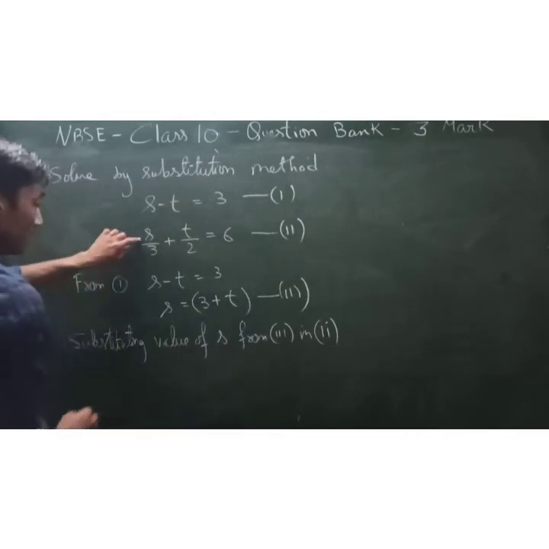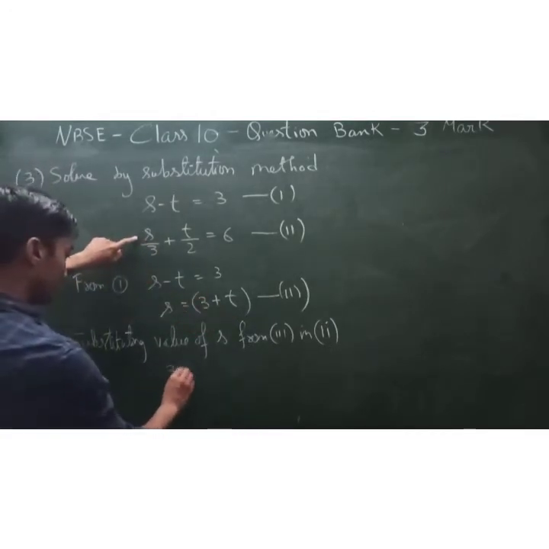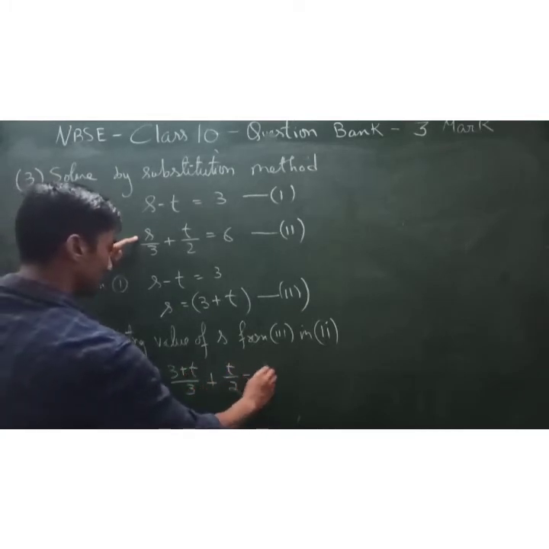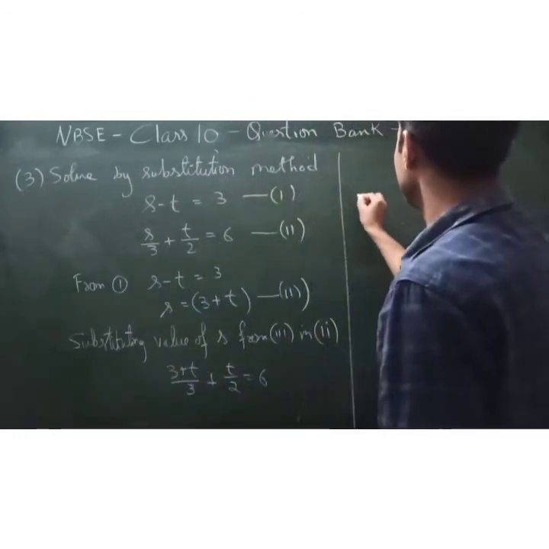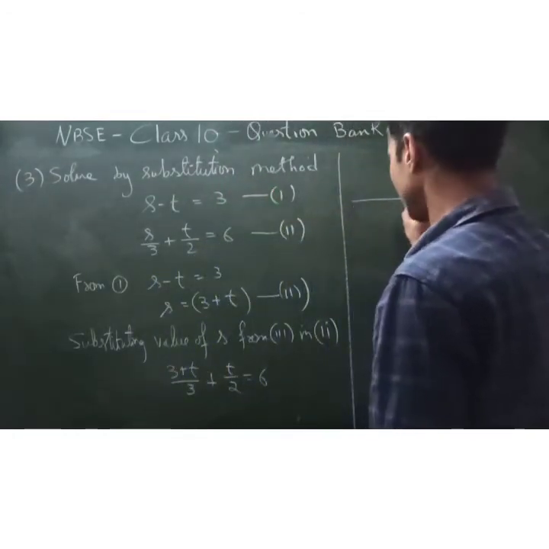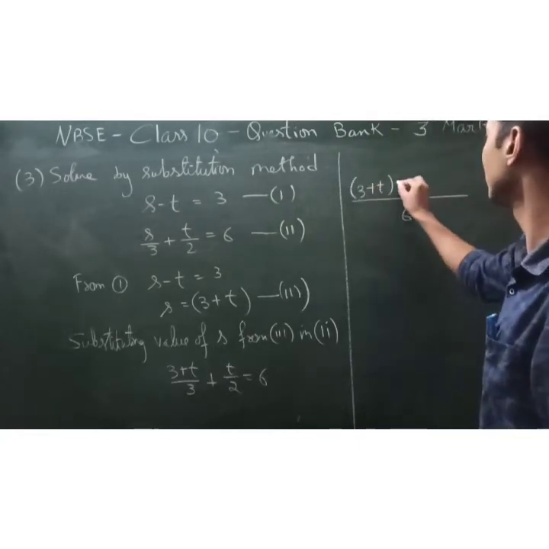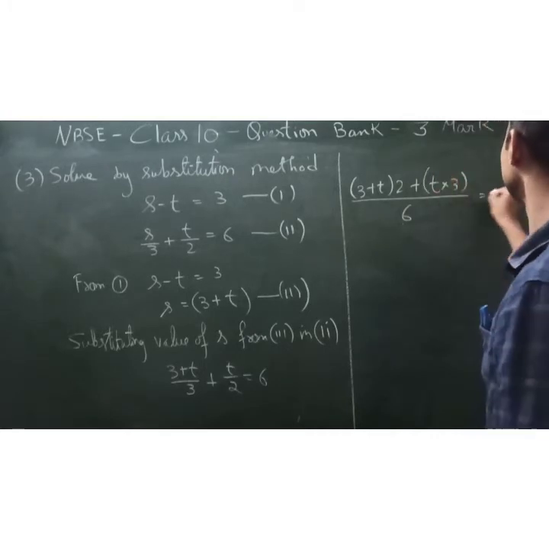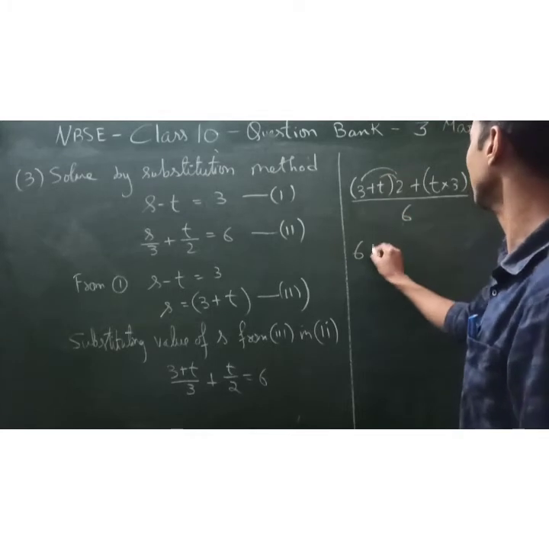So what is the value of s? In place of s, I will replace by 3 plus t. So I'll have 3 plus t divided by 3 plus, the other values will remain, will not change. It is not supposed to change, substitution only. So I can take the common LCM, 3 2s are 6. So 3 plus t into 2 plus t into 3 is equal to 6. So multiplying 2 3s are 6, 2 plus t.